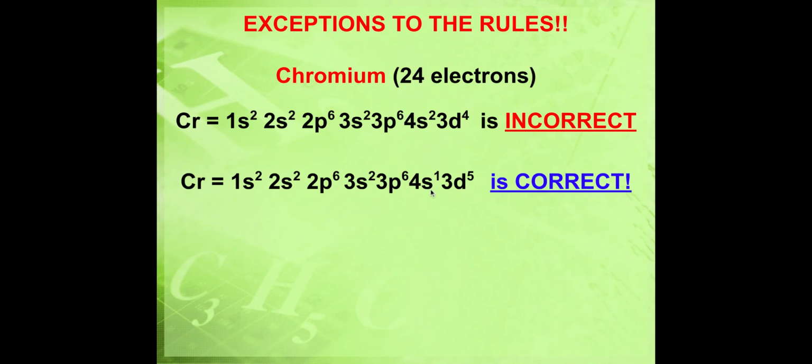So orbitals will prefer to be half full than have a situation in which one is full and the other one is incompletely filled. Okay, so the right electronic configuration for chromium, after the 3p6, is going to be 4s1 3d5. So chromium makes an exception.